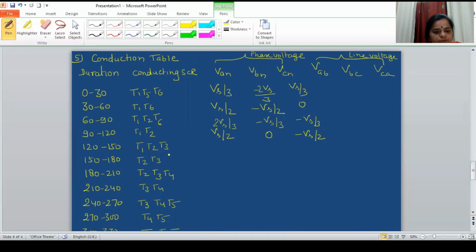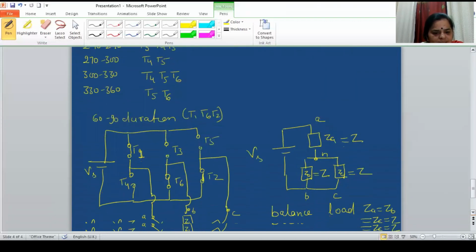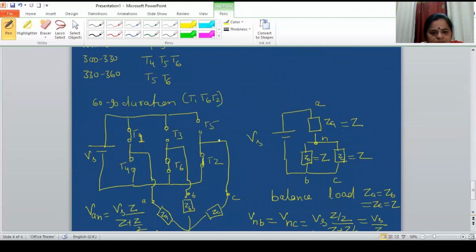Similarly, for 120 to 150, T1, T2, T3 are conducting. So let us see the power circuit diagram. If 1, 3 and 2 are conducting, 1 and 3 short circuit, so A and B are connected to positive and C is connected to negative.